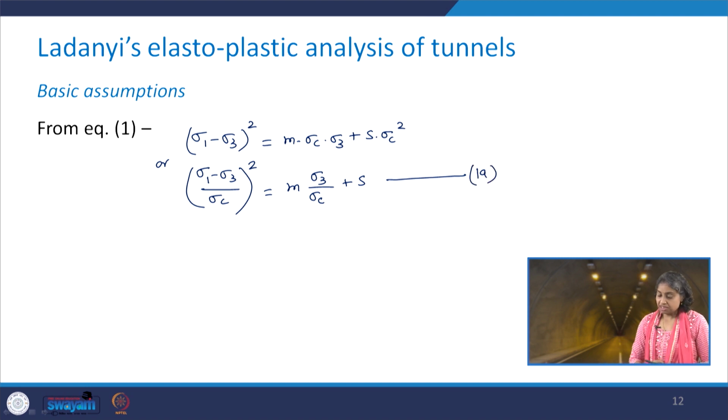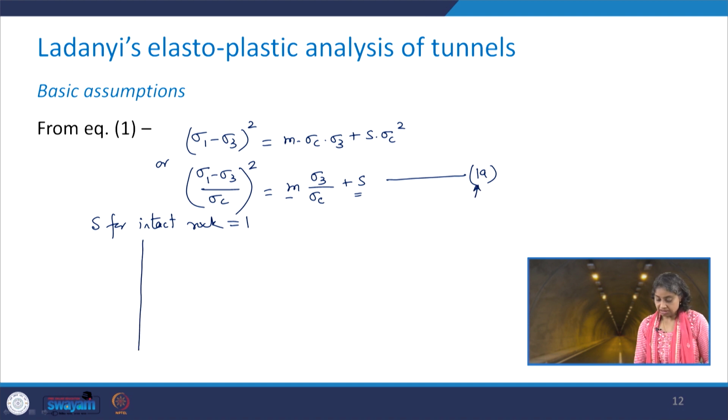Now, the question is, what should be the values of m and s? You know that s for the intact rock is equal to 1. So how do we get the expression for m? Take a look at equation number 1a.